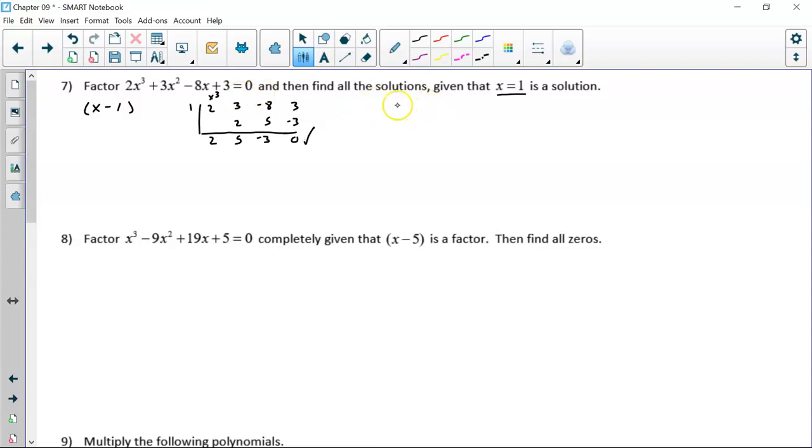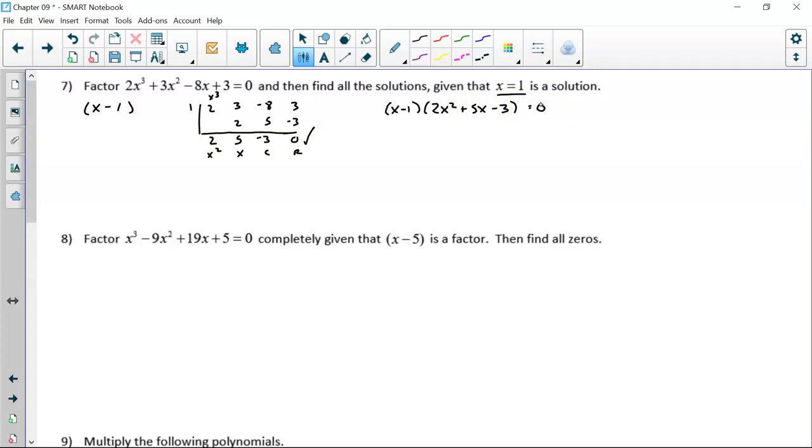So what we get, if we're factoring this, x minus 1 is one of our factors. And now at the bottom, it goes down by degree: x squared, x, constant, remainder. So our other factor is 2x squared plus 5x minus 3.